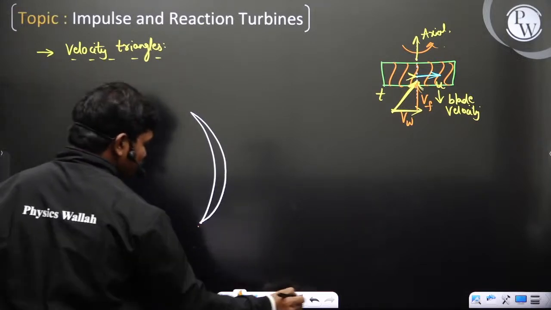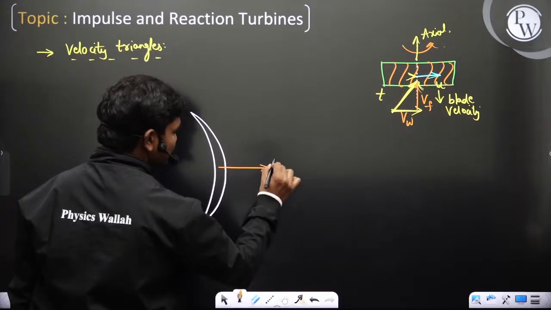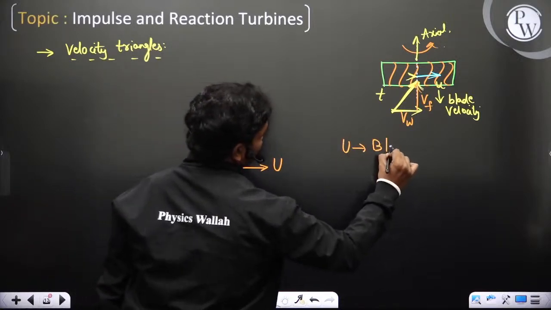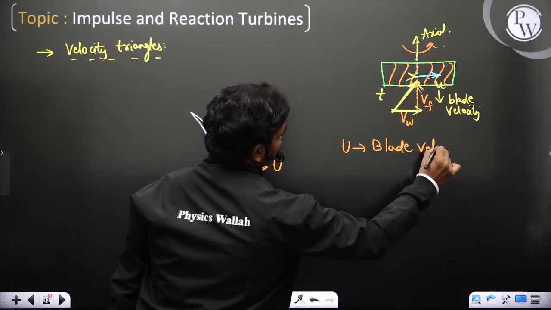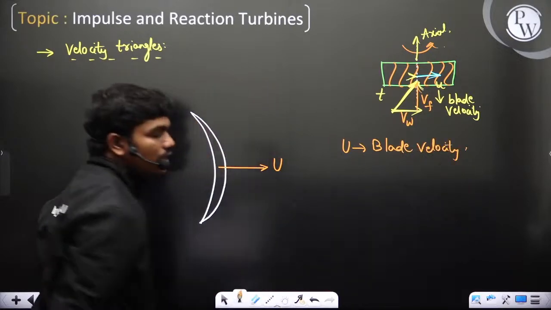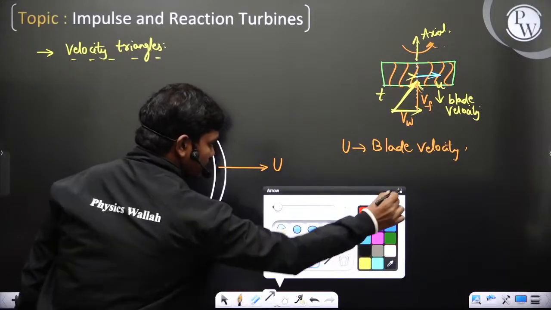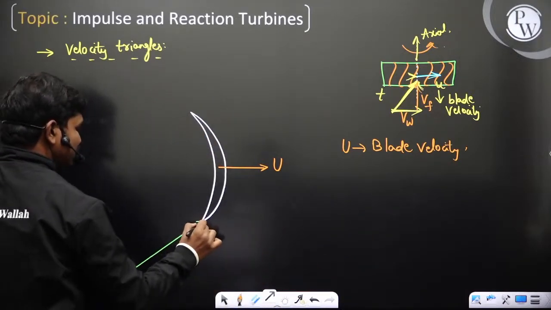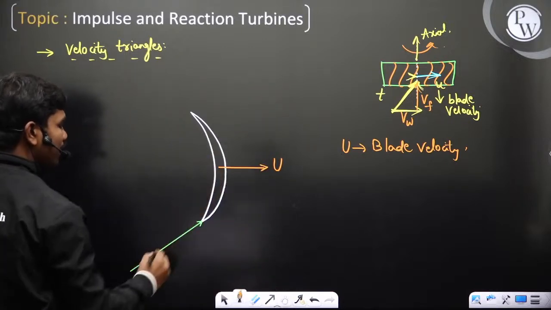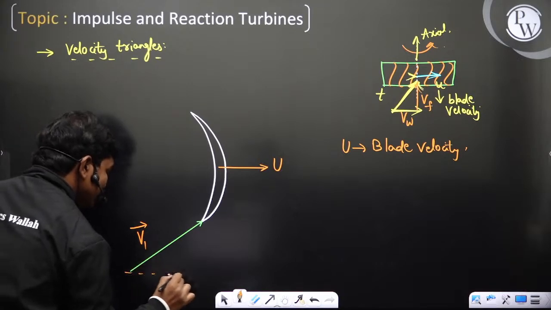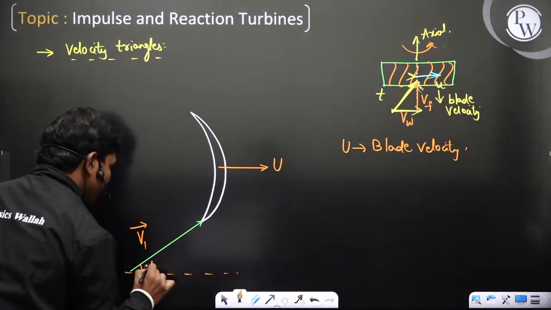Now clearly this blade is moving with a certain velocity u, which is called the blade velocity. If this is the fluid jet, it can come at any angle. Say this is your fluid jet velocity vector v1, coming at an angle of alpha 1.